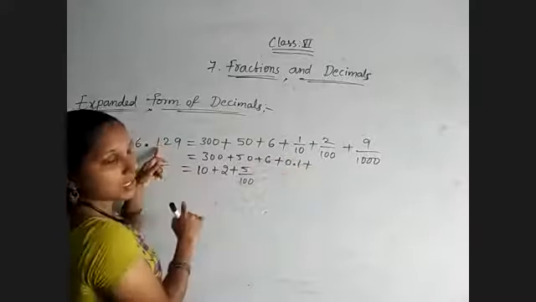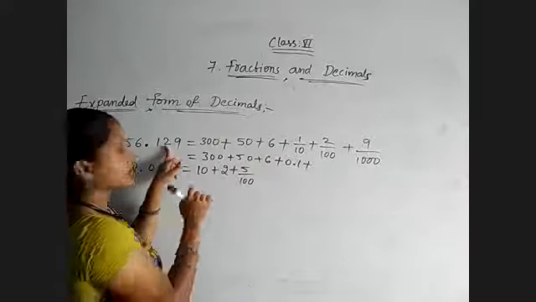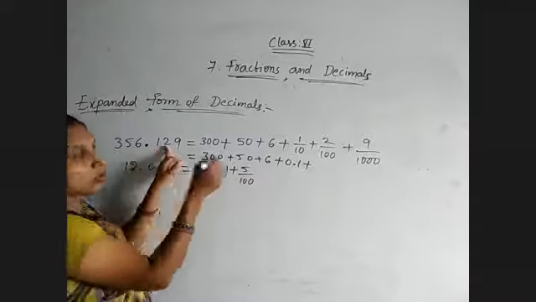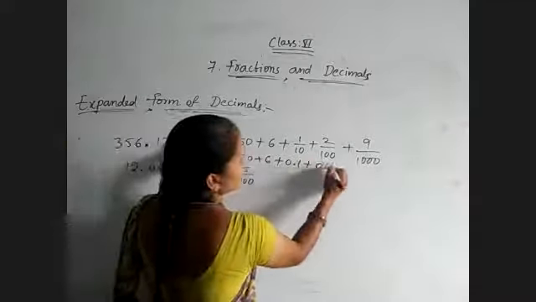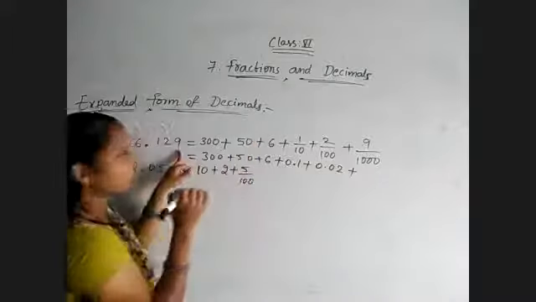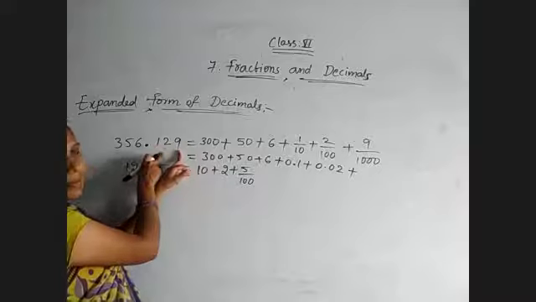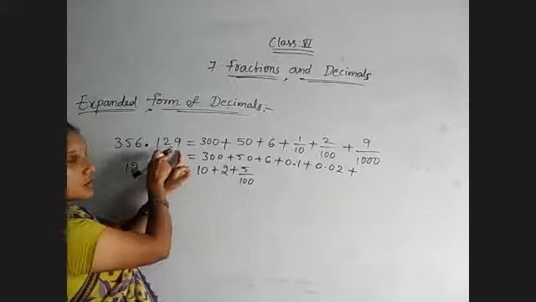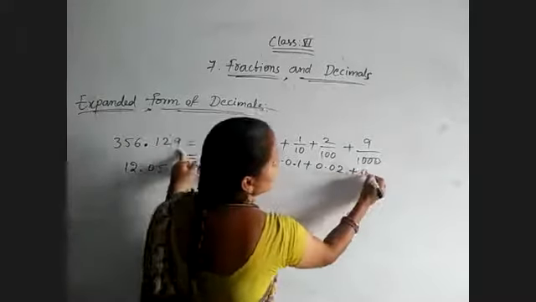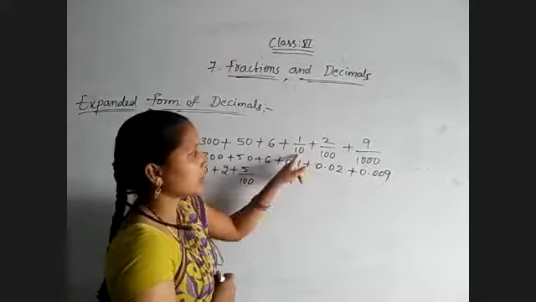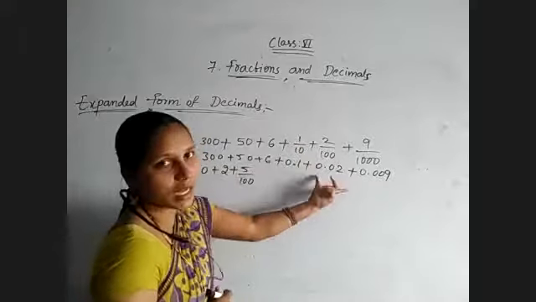Next for 2, we must write 0 point, and before 2 there is 1 digit, so take that digit as 0. That is nothing but 0.02. And next we have 9. Before 9 there are 2 digits in the decimal part. So 0.009. Otherwise, convert these decimal fractions into decimals and you will get these values.